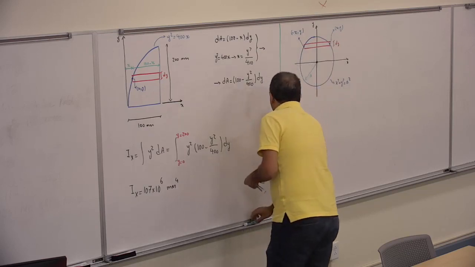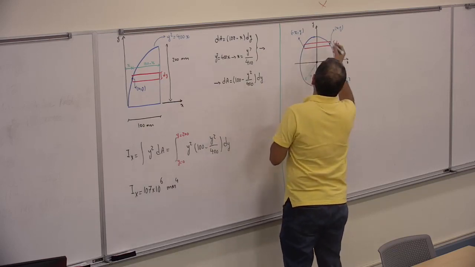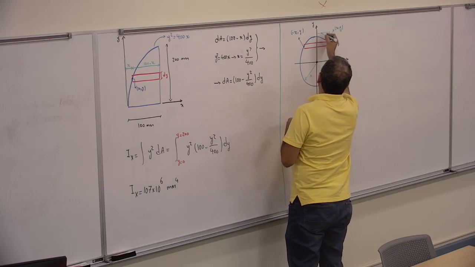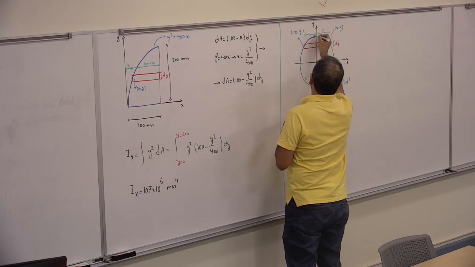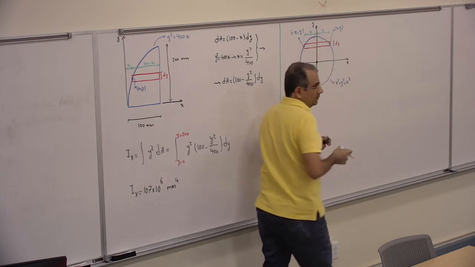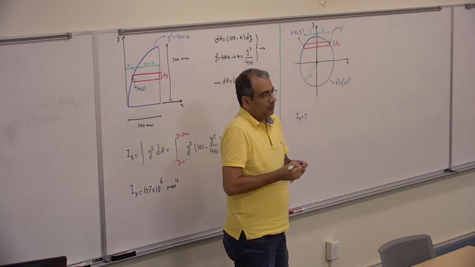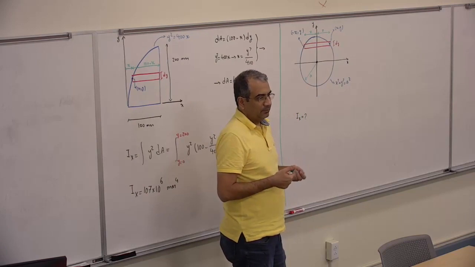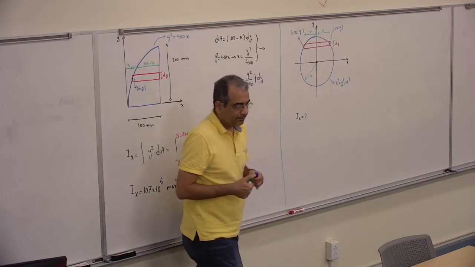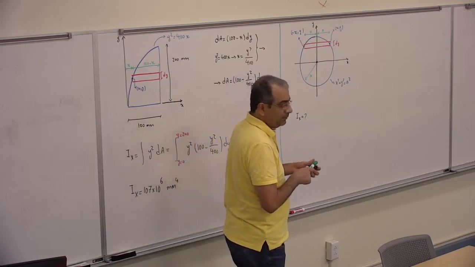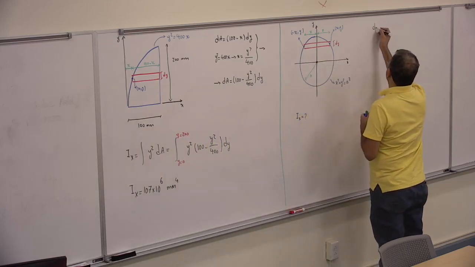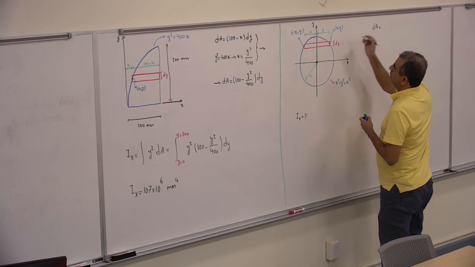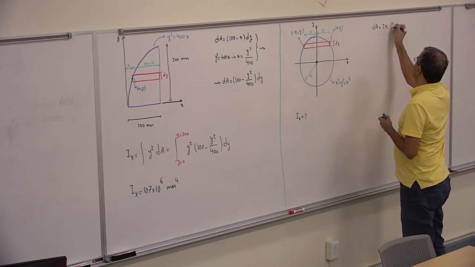So this distance is going to be x. This distance is also going to be x. Agree? So the dA is going to be 2x dy.